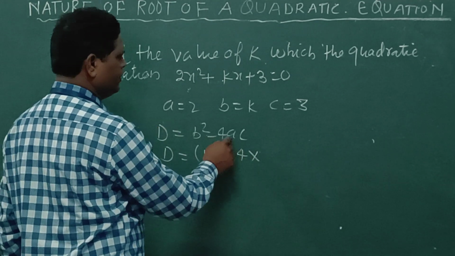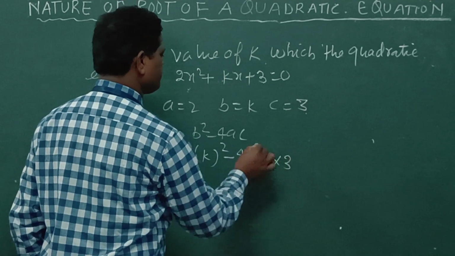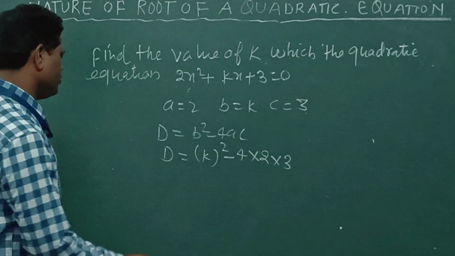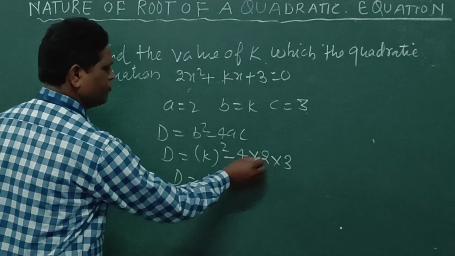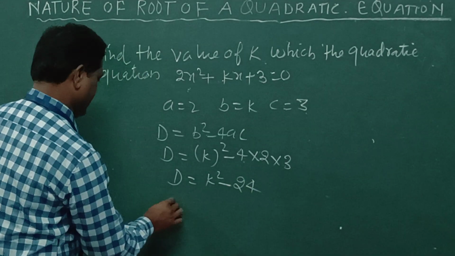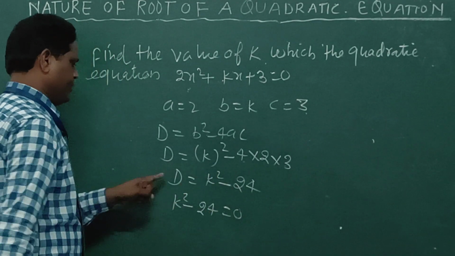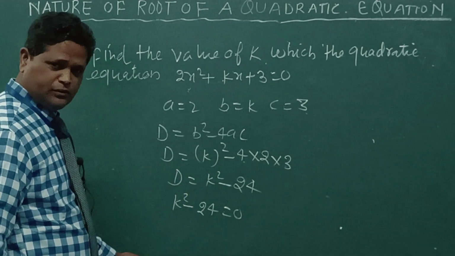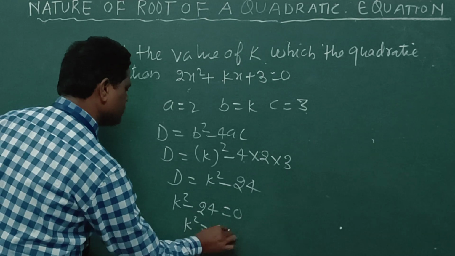So D equal k square minus 4 into 2 into 3, that is 24. We can write k square minus 24 equal 0. If D equal 0, then k square equal 24.